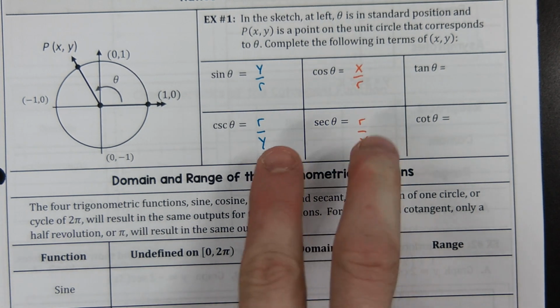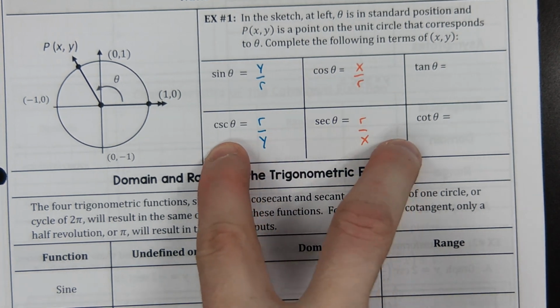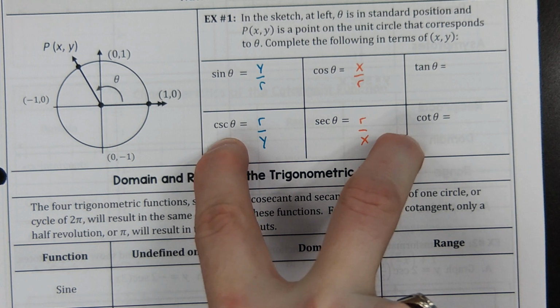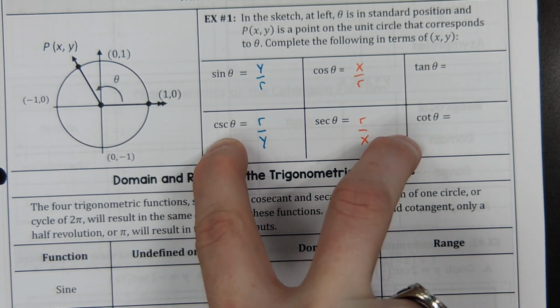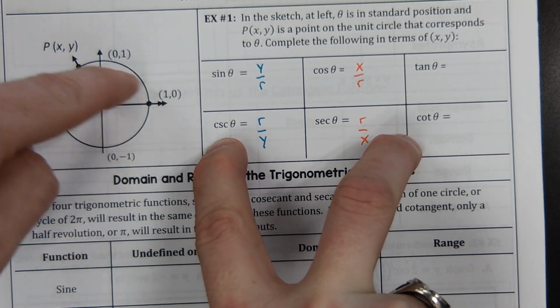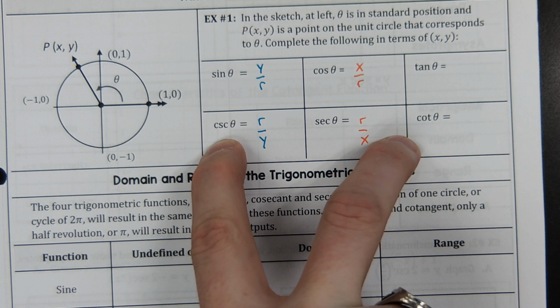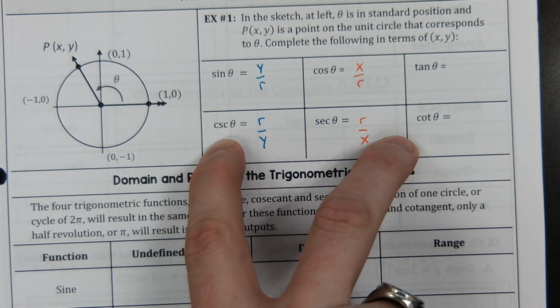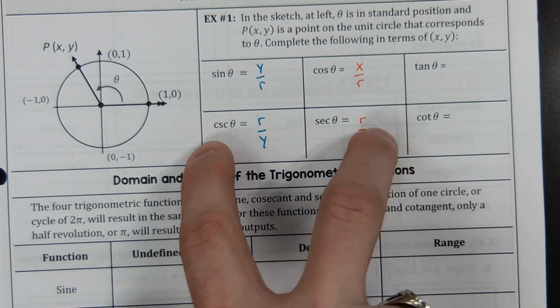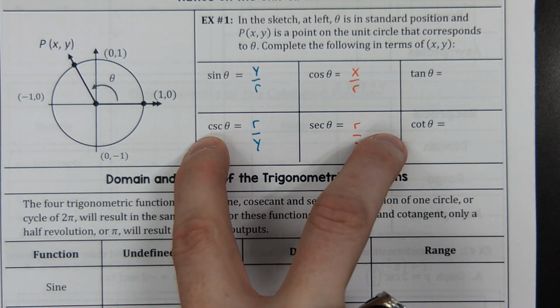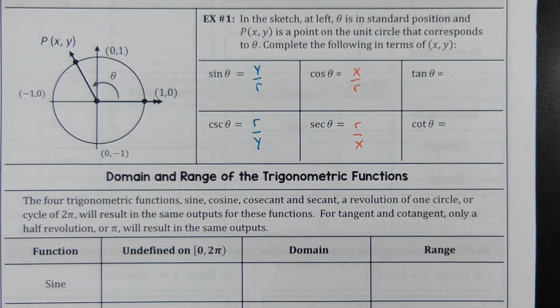These two have discontinuities, because x and y both have the ability to be 0 on this circle here, which means that both cosecant and secant had the ability to be radius over 0, which is undefined. So these have vertical asymptotes, while their reciprocals do not.